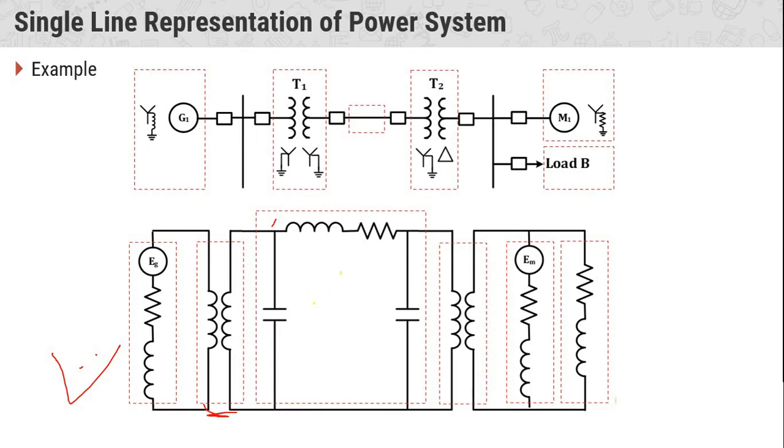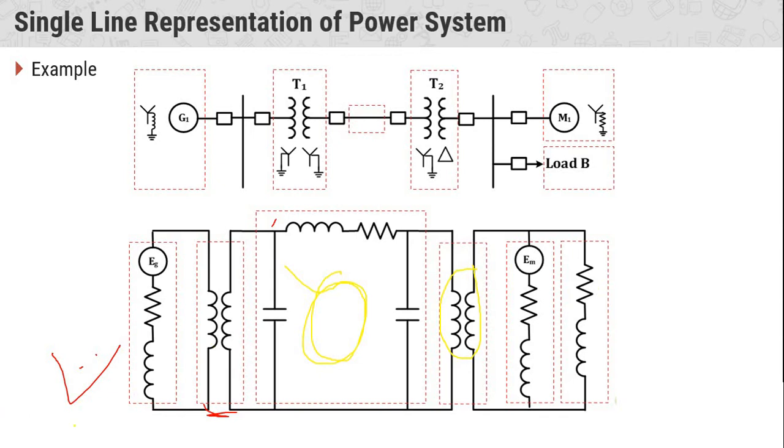This is the transmission line part, represented as a pi model. This is transformer number 2. This is a load, a motor load, because here it is denoted as EM. So it is a motor load. Motor back EMF is connected with the resistance and inductance. And this is a simple RL load.